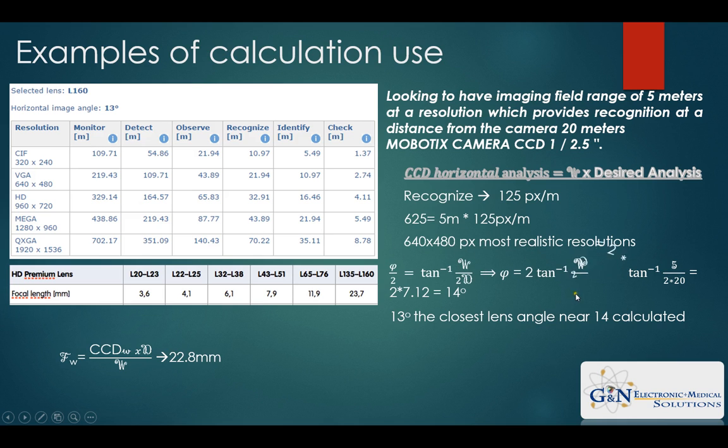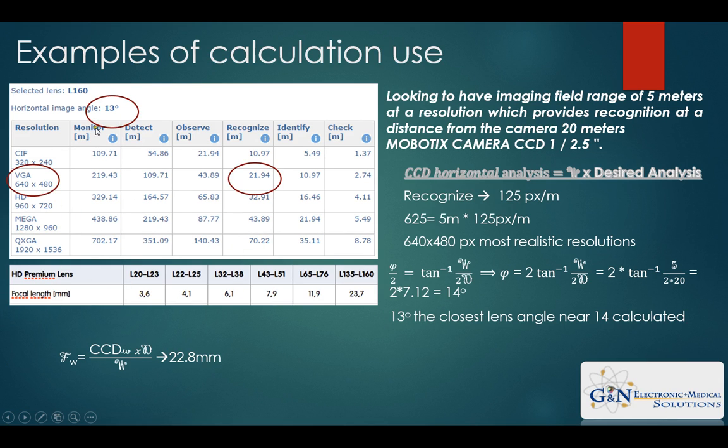And then we're using one mathematical formula that I demonstrated before in order to find the field of view angle. We do the maths, and we see that we have 14 degrees. The 14 degrees is not something that we have at our disposal, so we go with 13 degrees, which is the closest to the 14 degrees that we calculated.